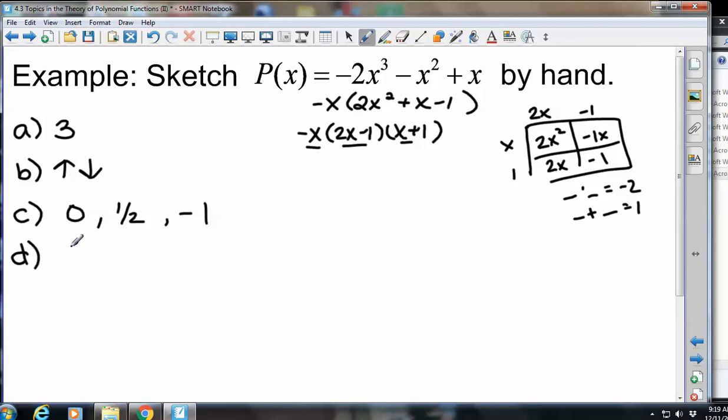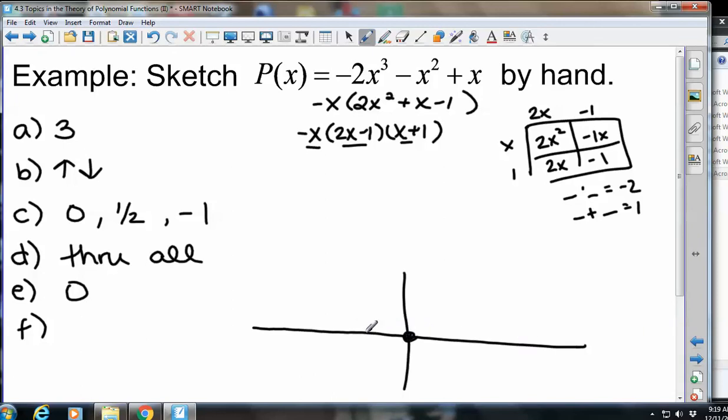All of those have a multiplicity of 1, so what's the graph going to do at all of them? Through all of them. Or you could write it 3 times. Y-intercept, if you put in 0 for all of your x's, you get 0 out, right?